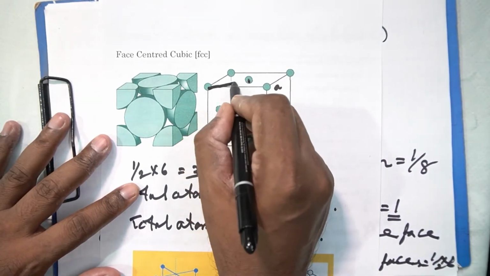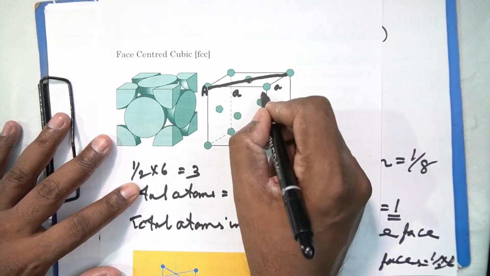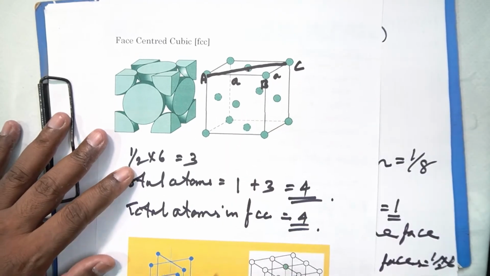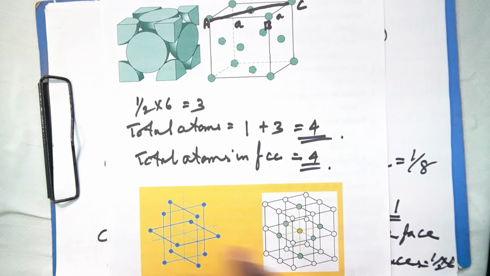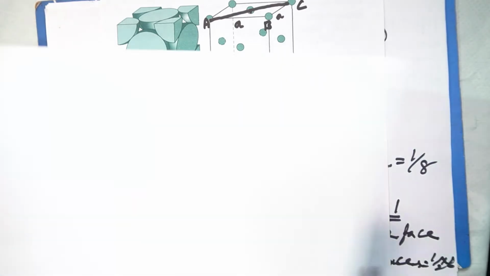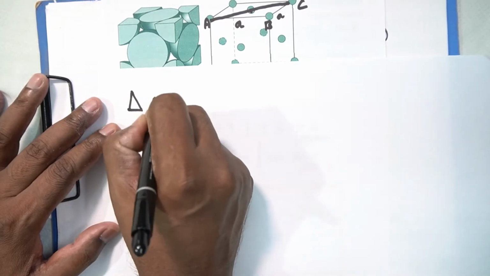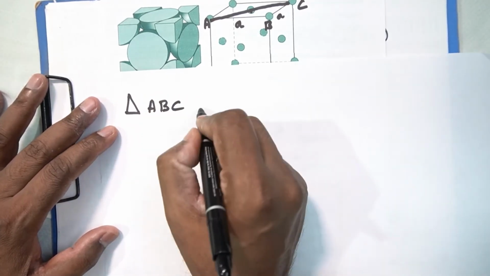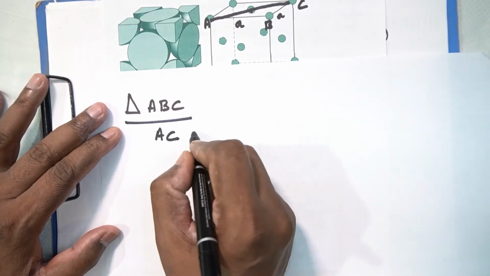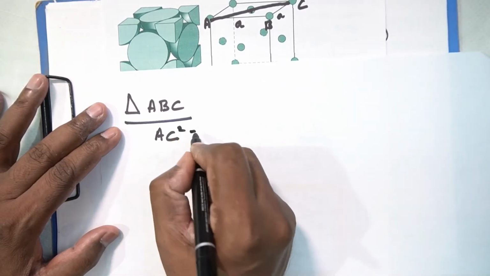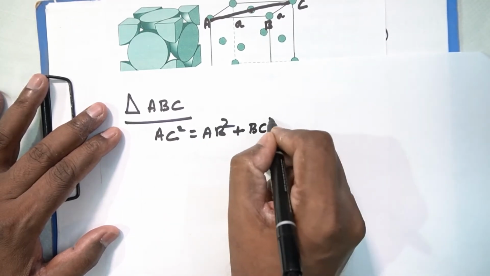If you draw a line from this corner to this corner, suppose this is A, this is B, and this is C. In the right angled triangle ABC, AC square is equal to AB square plus BC square.